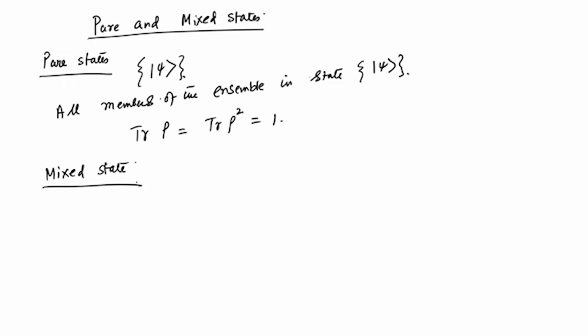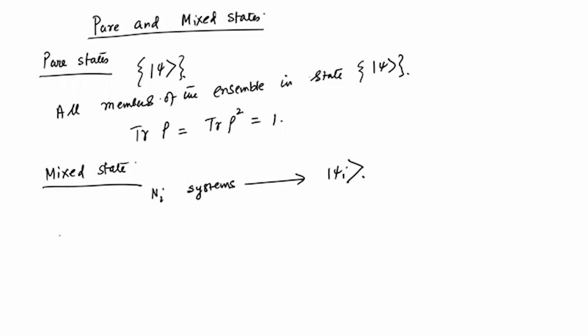where there are ni number of systems, that is members of the ensemble, in state psi i. Okay. So, n1 in psi 1, n2 in psi 2. So, that is not a state where all the members of the ensemble belong to the same quantum state psi. Here they belong to different quantum states, like n1 in psi 1 and n2 in psi 2, and so on and so forth.